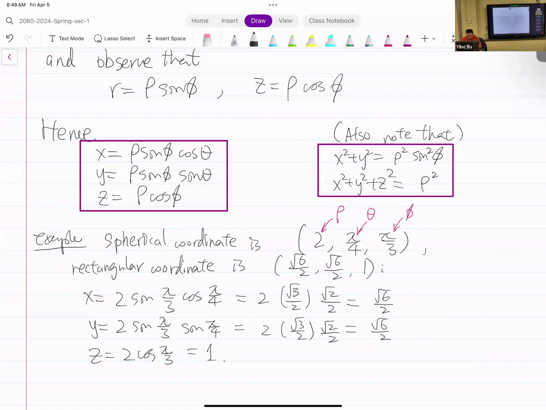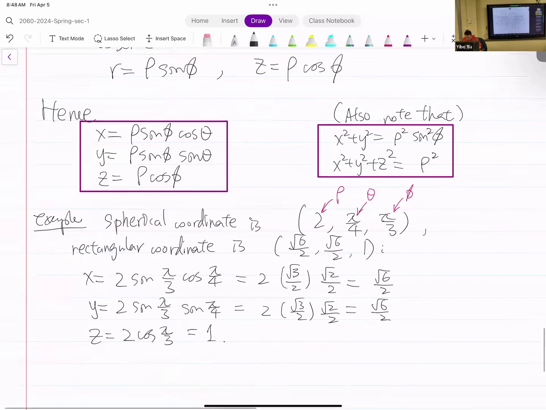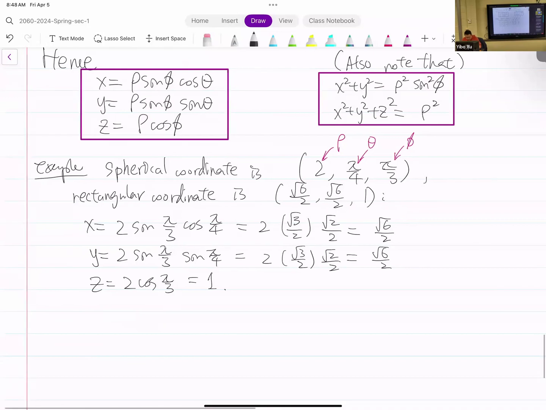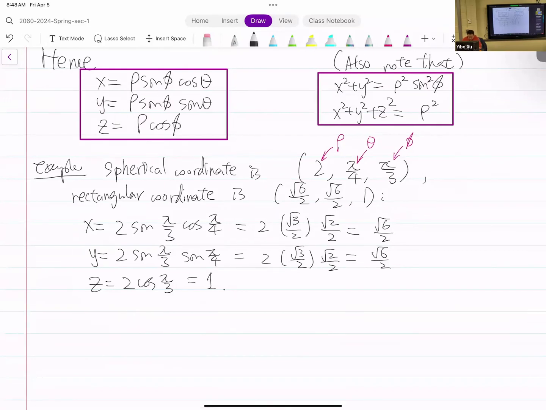Right. So this is translating from the spherical coordinates to the rectangular coordinates. So it's good. So these are formulas that are in purple boxes, and they are definitely important.